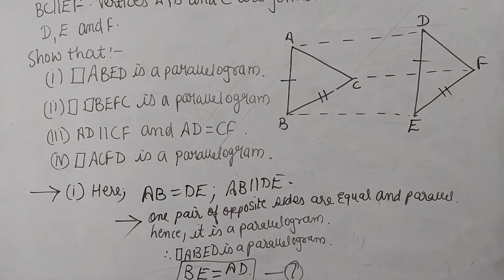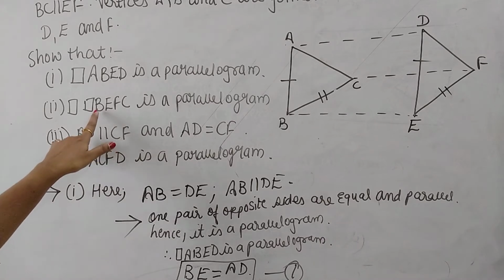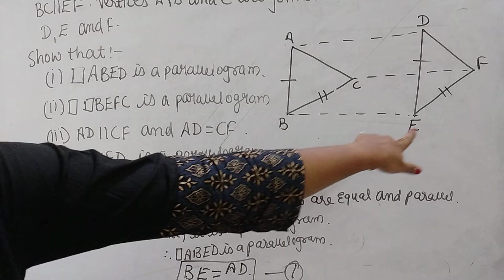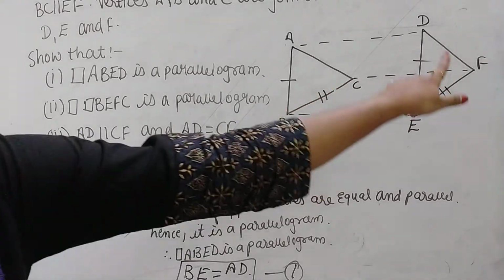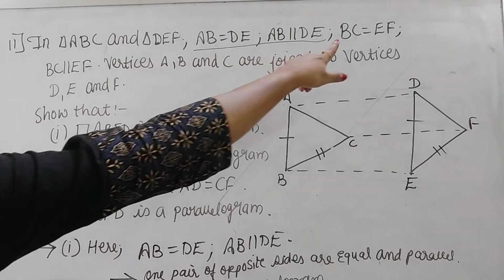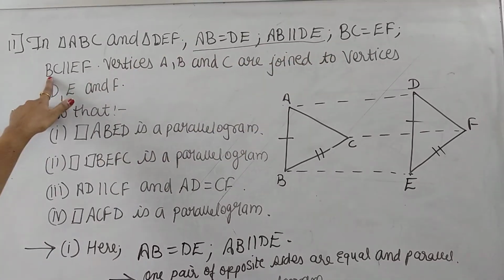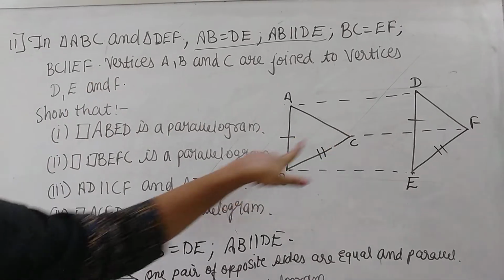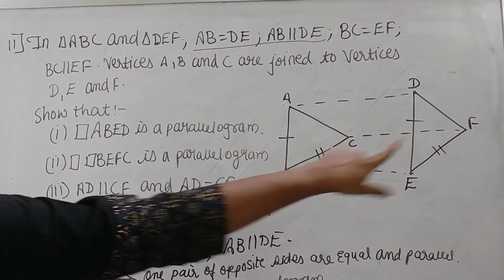Now similarly I need to prove my next, that quadrilateral BEFC is a parallelogram. When you focus once again on the given, what is said here, that BC is equal to EF and BC is parallel to EF. So once again BC parallel to EF, BC is equal to EF.